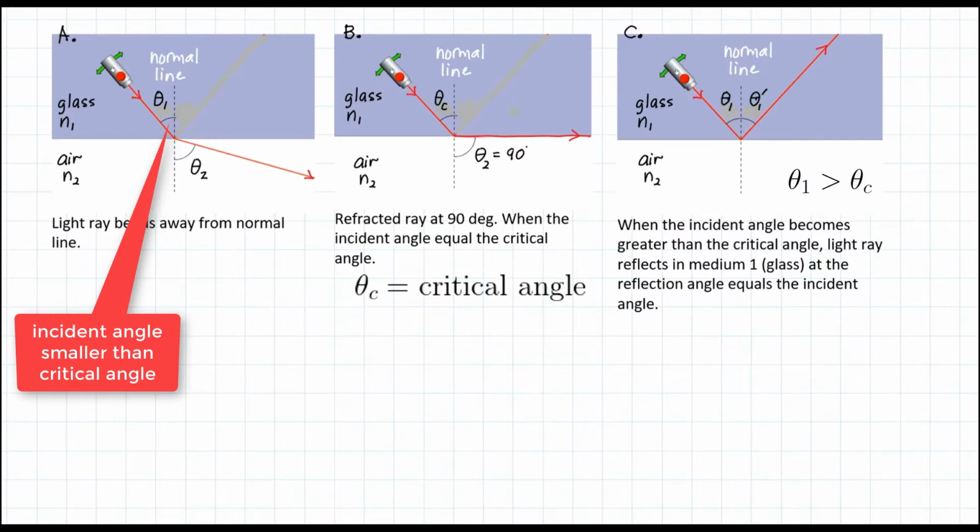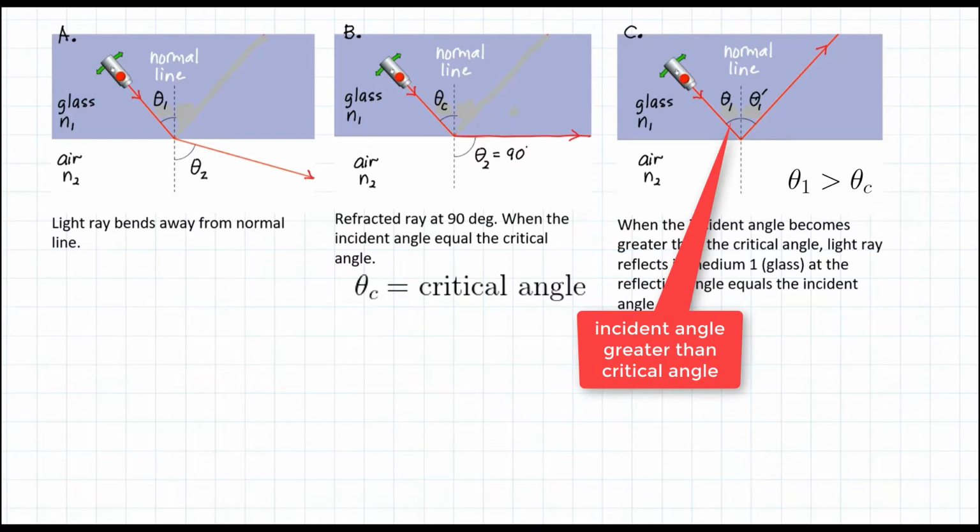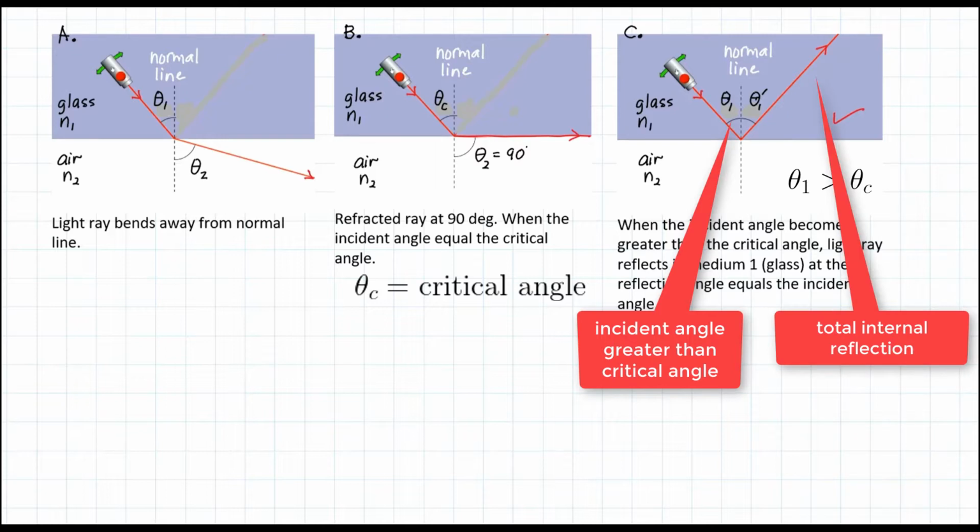Now, if the incident angle is greater than the critical angle, you can see that the light ray now reflects back in the first medium. So this is where total internal reflection occurs.